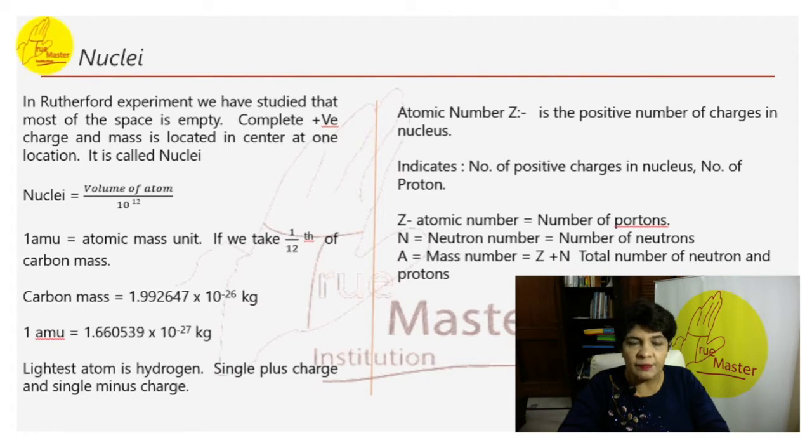The atomic number symbol is Z. It is the positive number of charges in the nucleus, that is, the number of protons.